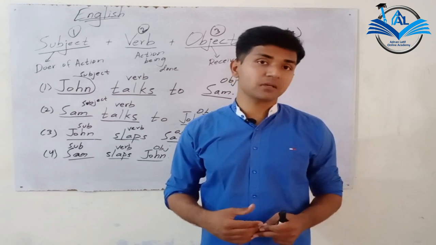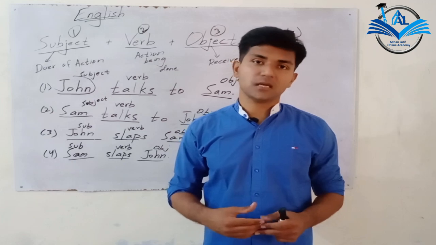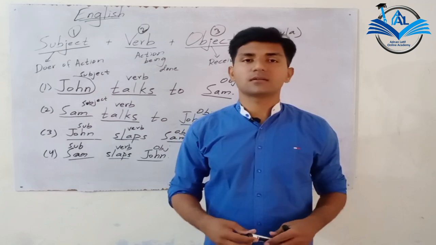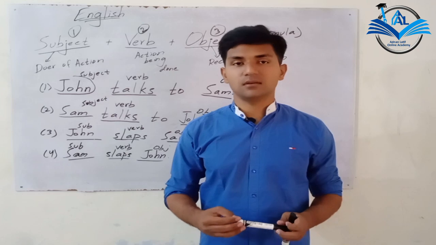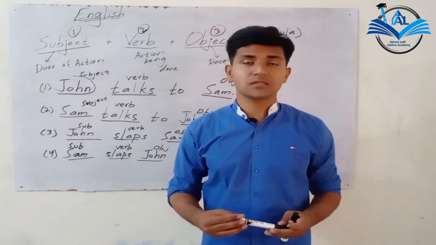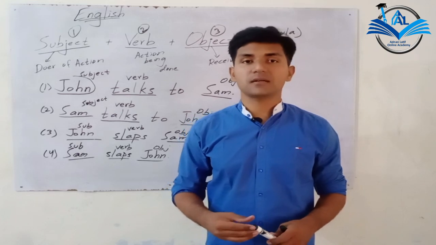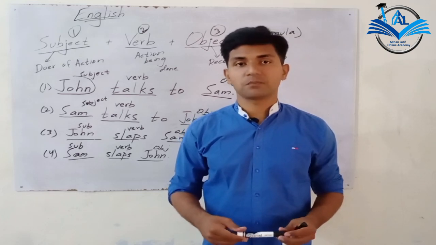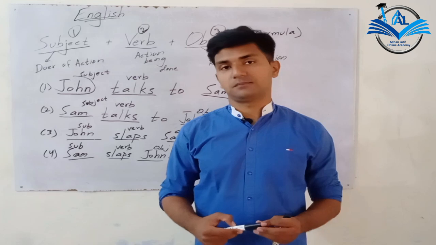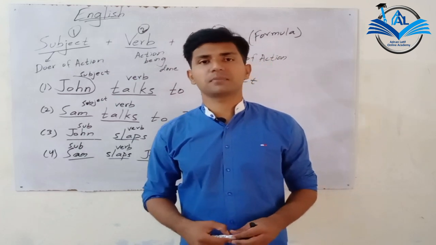So who is eating apple? Jack is eating apple. So Jack is subject and his action is eating the apple. So here eating is verb, and which is object? Object is apple.